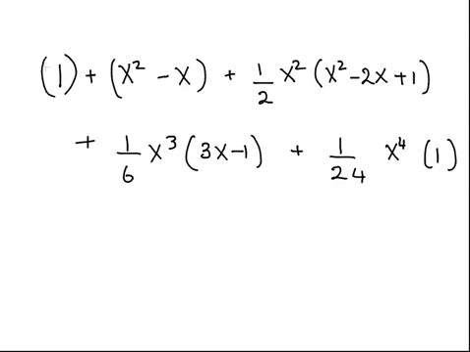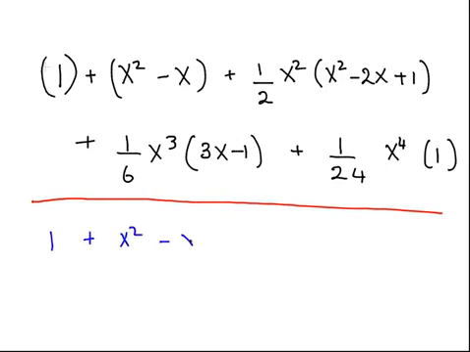Essentially what we're going to do now is just simplify this. I'll just take that ellipsis out so you should know what's there now. 1 plus x squared minus x plus 1/2 of x to the power of 4 minus 1/2 of x squared times 2x, so x cubed. Okay, essentially the half and the 2 cancel out.